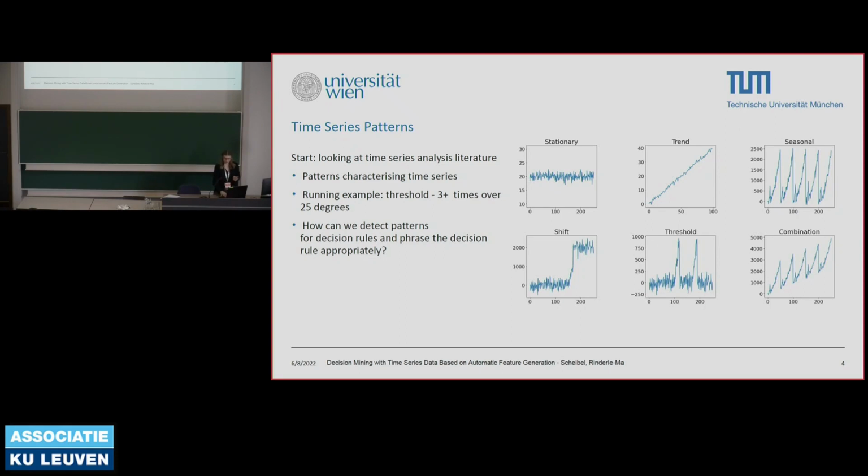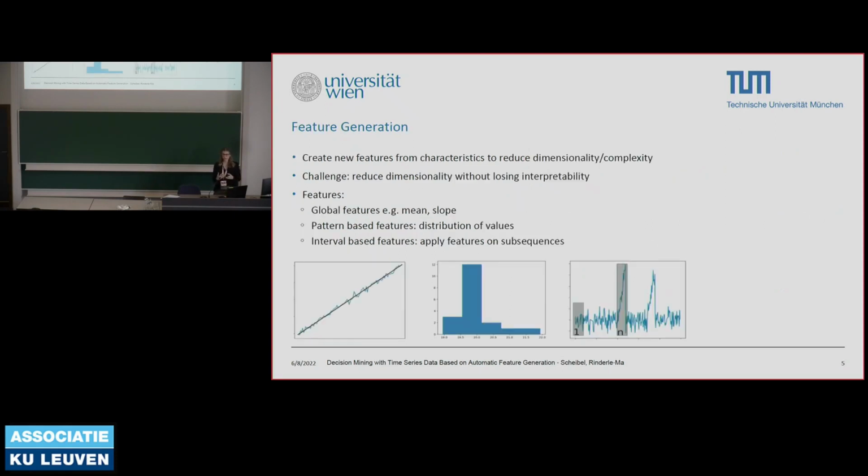So the next step was to look a little bit more into feature generation. Feature generation basically means we take the whole time series and apply some form of calculation on top of this time series to create a new feature, and this helps us to reduce the dimensionality and the complexity of the whole time series, but still allows us to keep information.